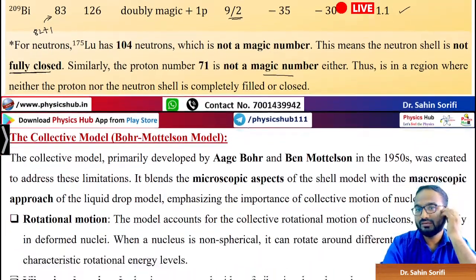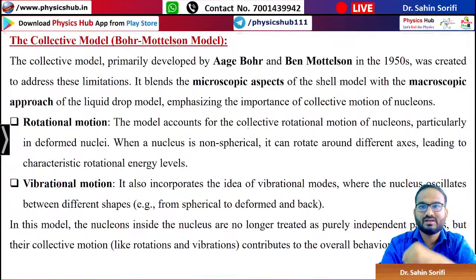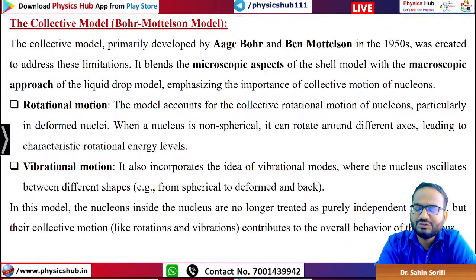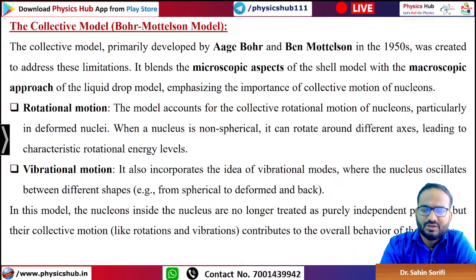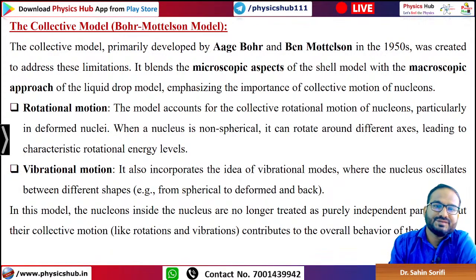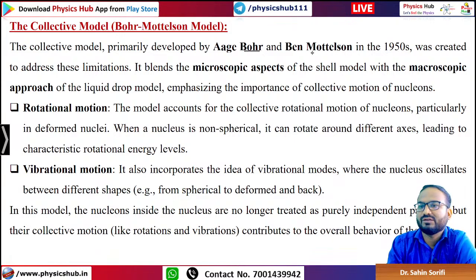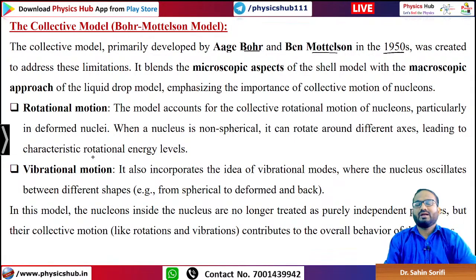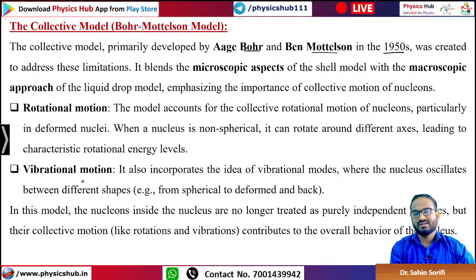Now let us talk about the collective model. We understood the limitations of the previous models. Now what is the basis of the collective model? It was developed by Bohr and Mottelson in the 1950s, and this model was introduced to address the limitations that the liquid drop model and shell model could not explain.